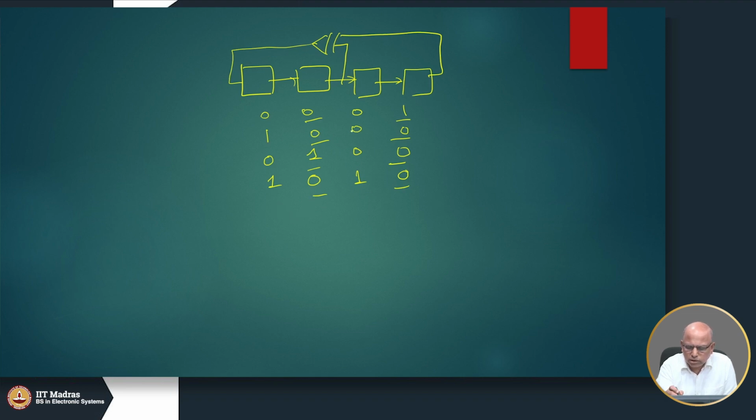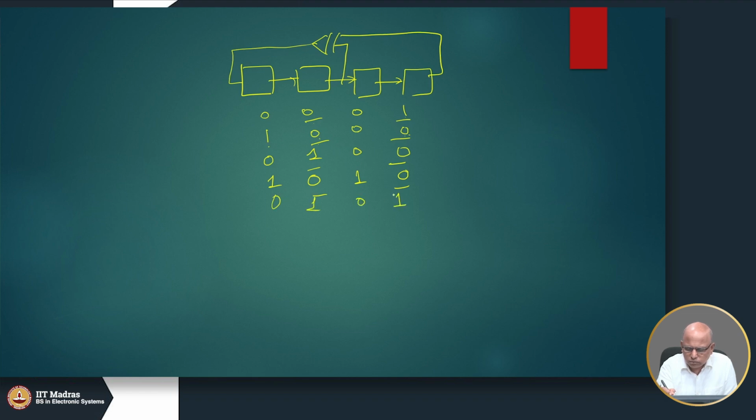Let us make sure that we are doing it right. XOR of 0 and 1 is 1, 0 0 0. XOR of 0 and 0 is 0, 1 0 0. XOR of 1 and 0 is 1, 0 1 0. XOR of 0 and 0 is 0, 1 0 1.